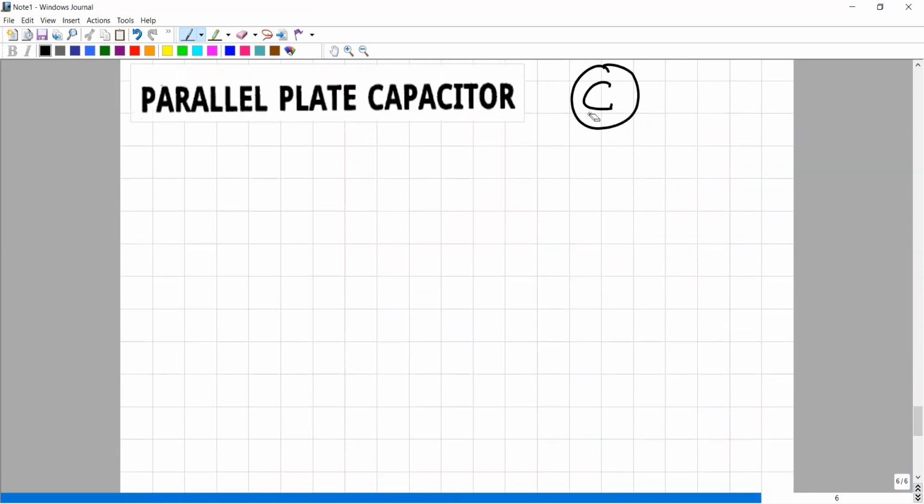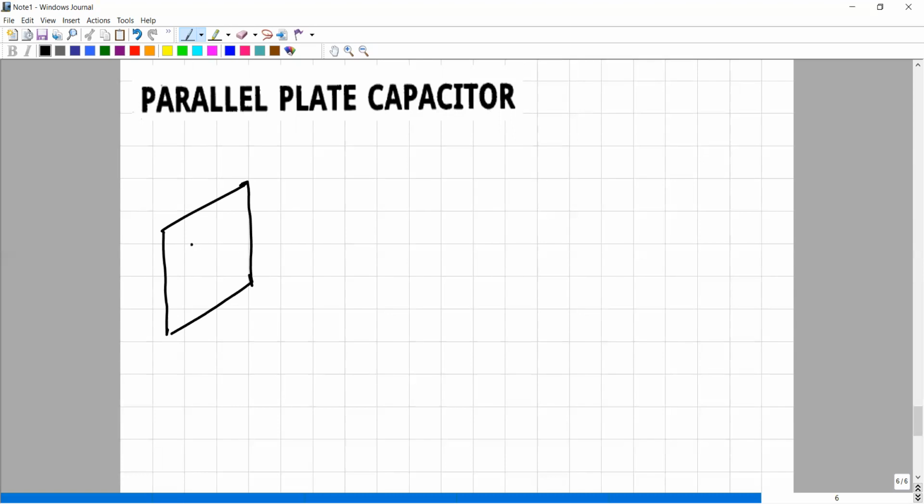Now, a parallel plate capacitor, for example, let's say you take a parallel plate. First, let us see what this parallel plate capacitor looks like. If you keep the two plates and you look at them from the side, it will look like this.